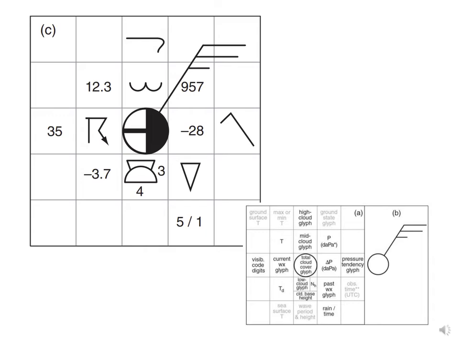So over on the left is a more complete weather station model. So let's go through it real quick. We have a temperature of 12.3 degrees Fahrenheit, a dew point of -4. We have a thunderstorm that's going on. The winds are from the northeast at 25 knots. We have a sky coverage that looks to be about 6/10.